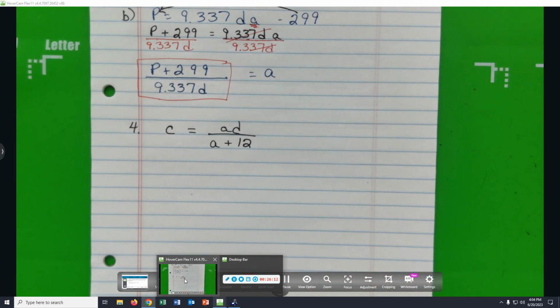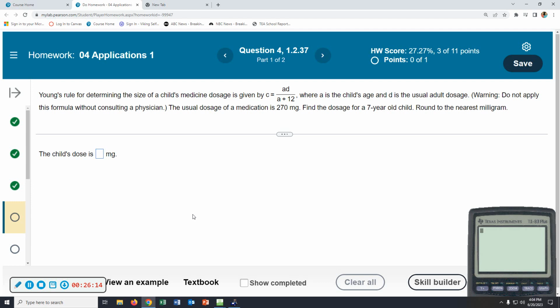Now let's write down what all these variables are. A is the child's age. A is the age. And D is the usual adult dosage. And then they give you a good warning. Do not apply this formula without consulting a physician.